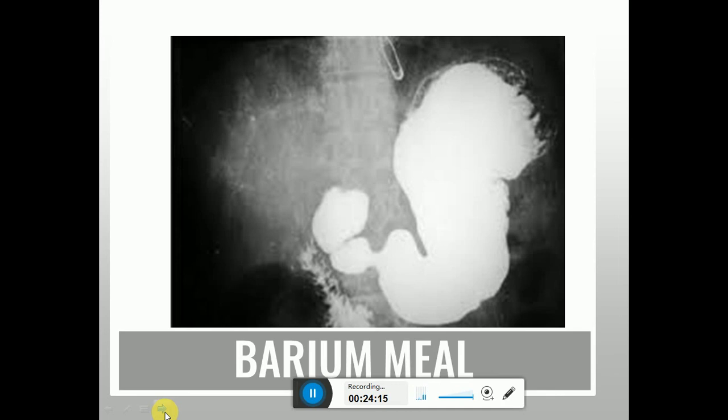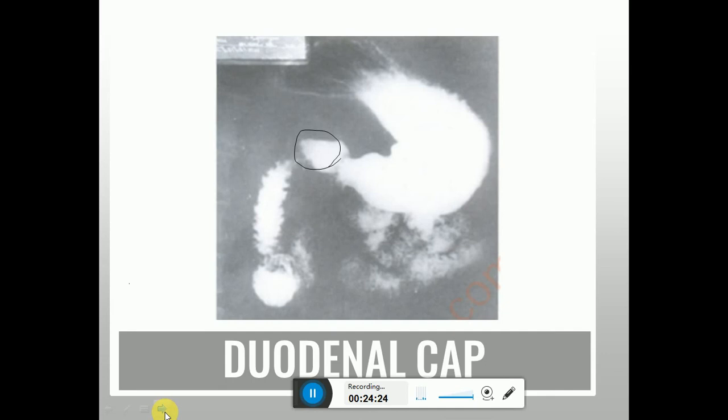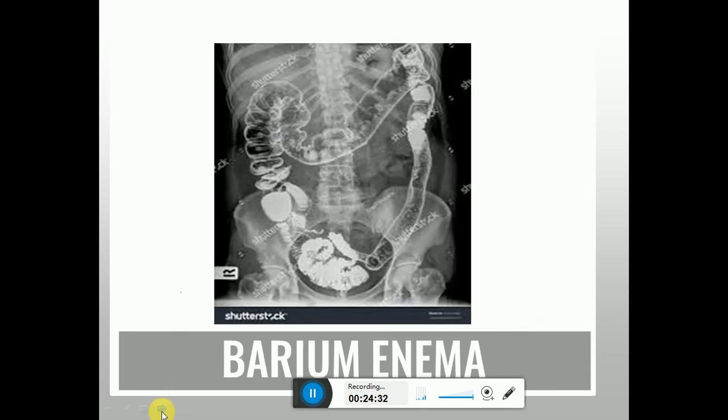Apart from the stomach, we can also visualize the duodenum, jejunum, ileum and large intestine. Here we are able to visualize the stomach, the duodenal cap, and the small intestine. And to clearly visualize the rectum and colon, barium enema is used.